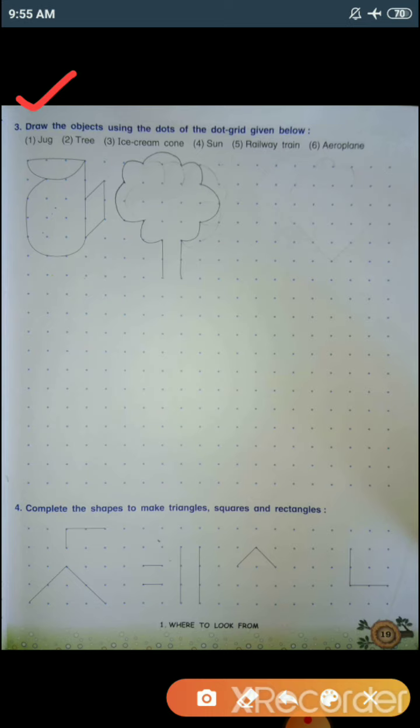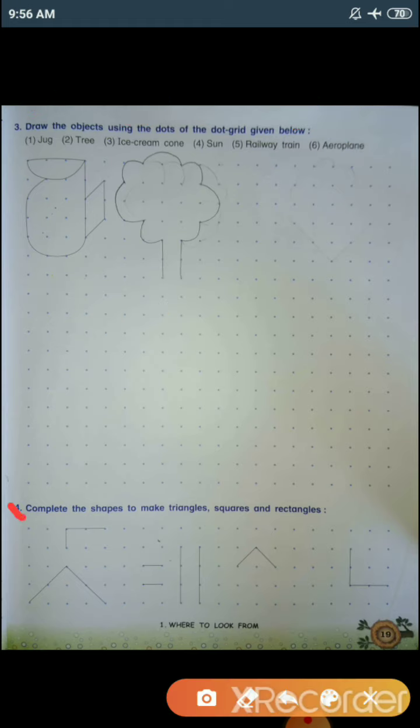With the help of these dots you need to draw these pictures. You can see here the jug is drawn and the tree I have drawn here. With the help of this, draw the other pictures by yourself.